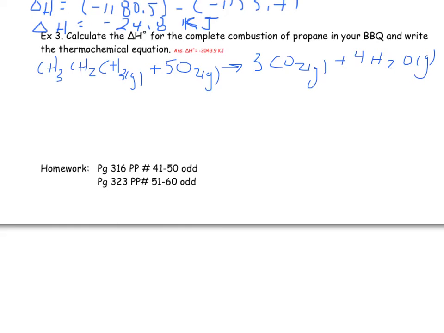It's going to boil the water. That's important because you need to look up the right state of water on your delta HF chart. I'm going to start with CO2. It's my first product. My reaction makes 3 moles of it.